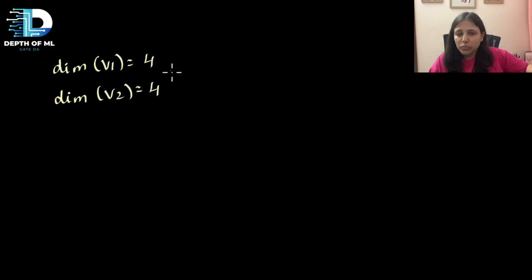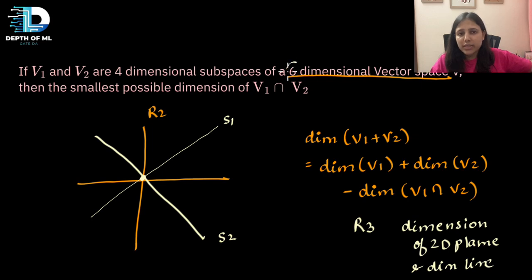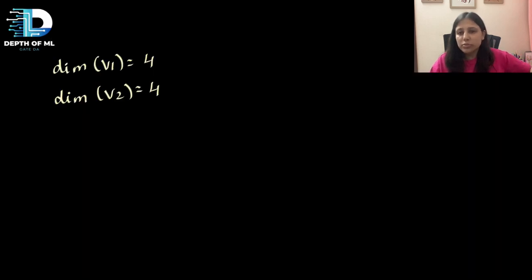We have been given that dimension of V1 is equal to 4 and dimension of V2 is also equal to 4, and the maximum dimension they can have is 6. Why 6? Because by adding these two vector spaces the dimension can be 6 only; they can't span more than a 6-dimensional space, because they are subspaces of a 6-dimensional space.